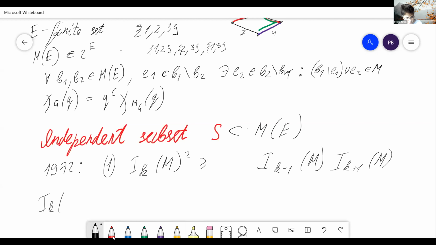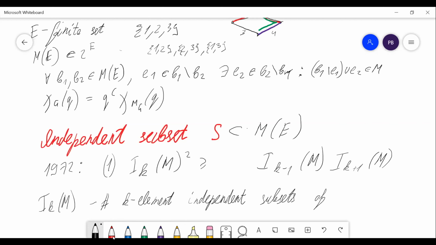EKM is the number of K element independent subsets of an n element matroid M, where n is the number of elements of E. Then Mason improved this and suggested the following.